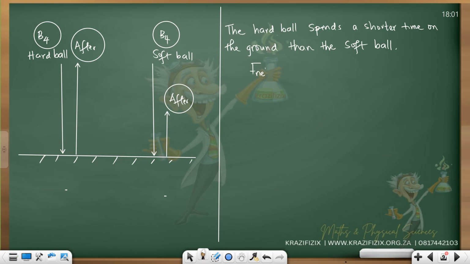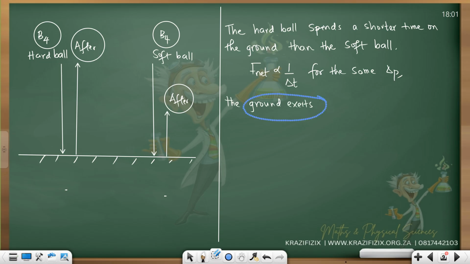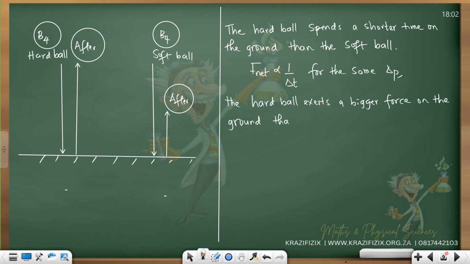And since F net is inversely proportional to time for the same change in momentum, the hard ball, I'm going to bring in Newton's third law, exerts a bigger force on the ground than the soft ball.